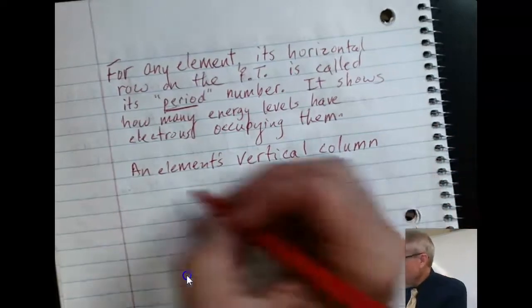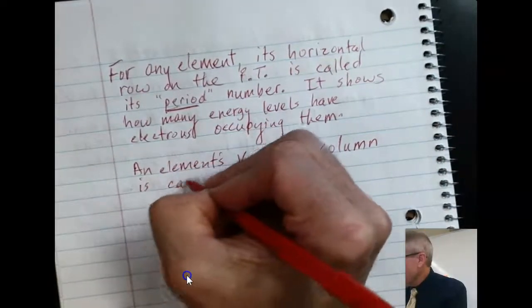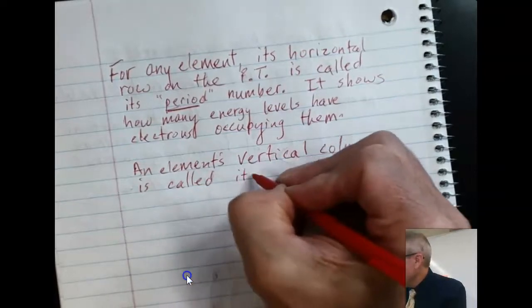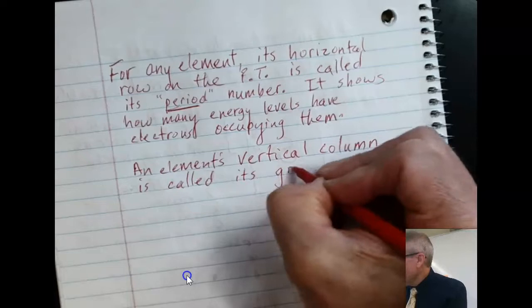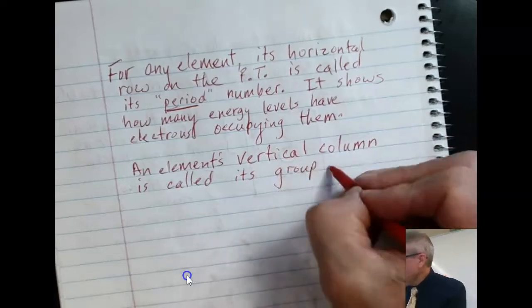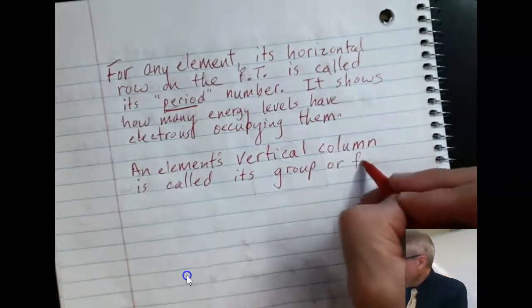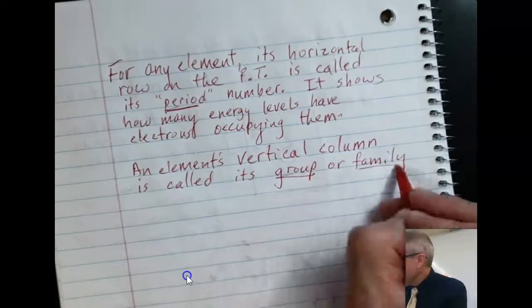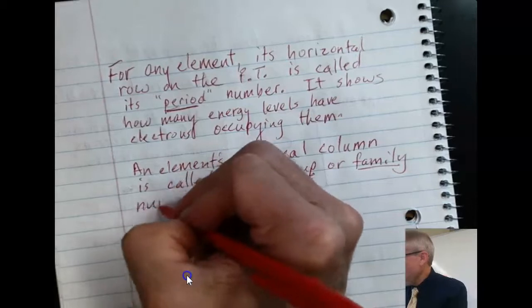So the vertical column is called its group or family, group or family number.